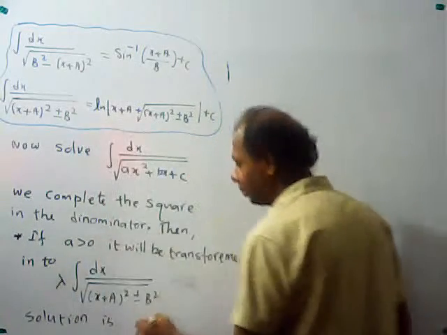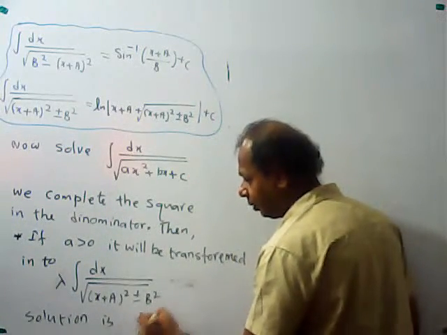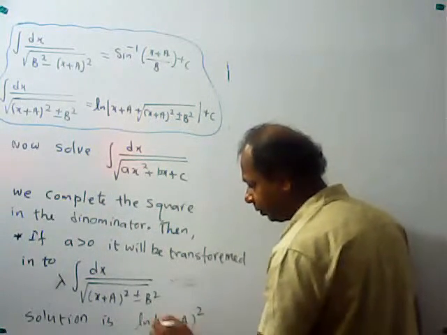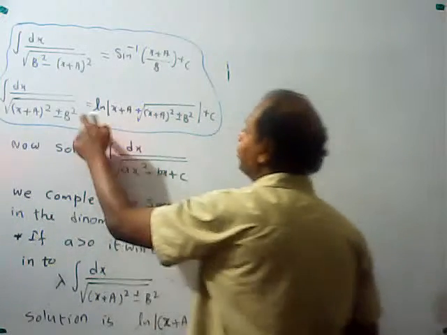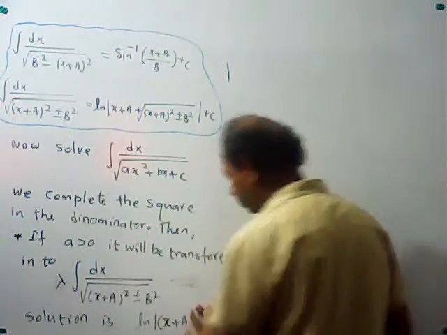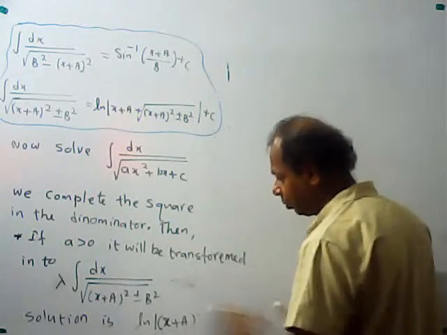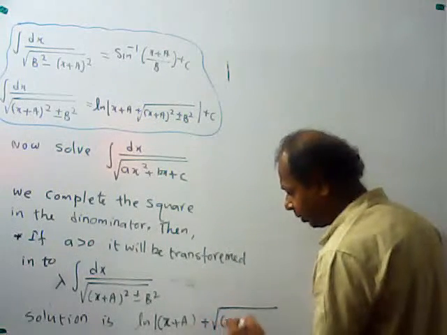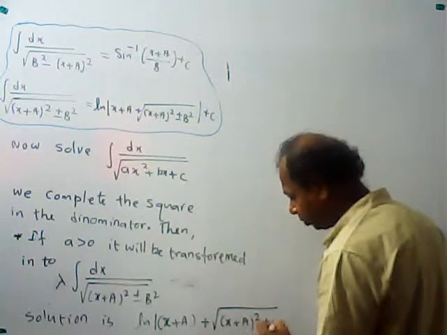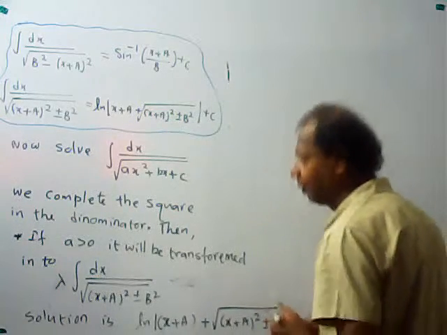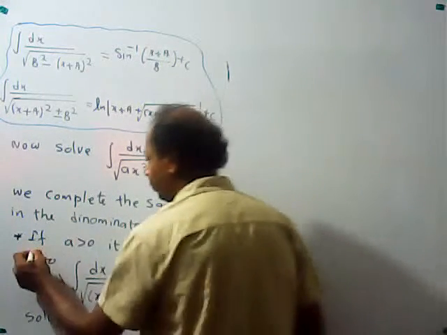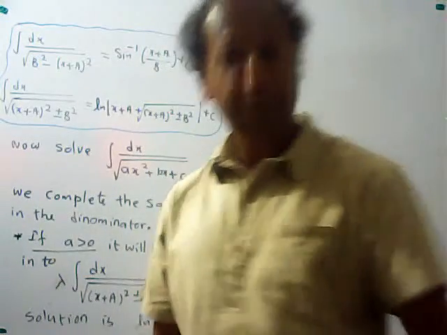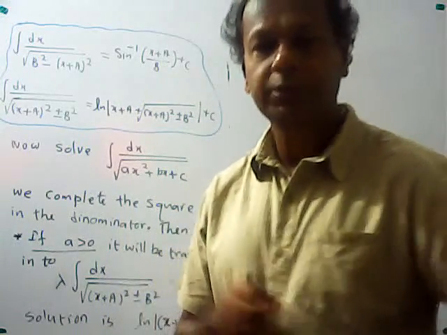The solution is ln mod of x plus a plus the square root of (x plus a) squared plus or minus b squared, plus c. Even if a is negative, we have a solution.